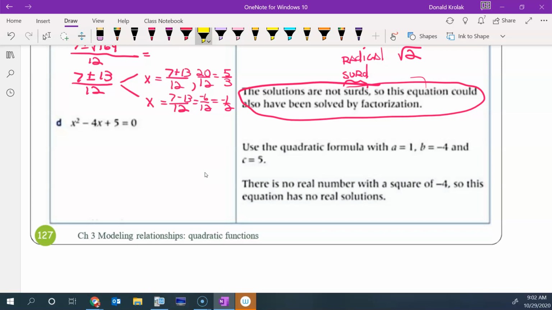Okay, all right, here we go. A, B, C, and let's do this real quick before we run out of time.